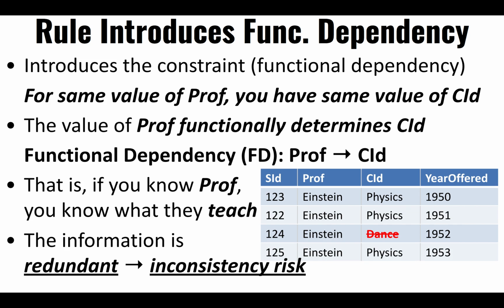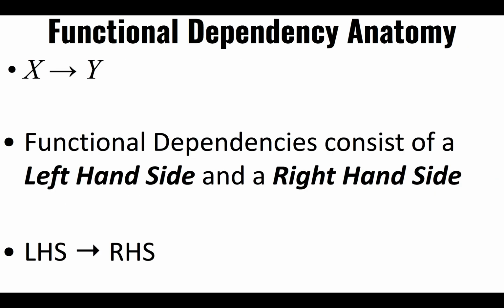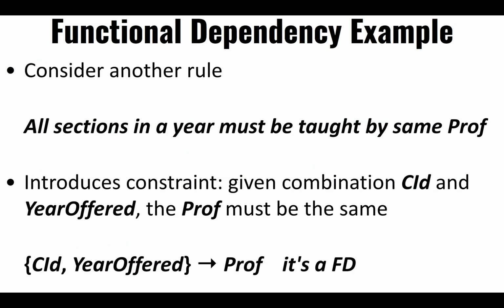So redundancy certainly gives us the risk of inconsistency, that I misspell the course, or maybe I say that they indeed teach dance, and the database wouldn't know, wouldn't complain about it. So we need to remove these inconsistencies. We're looking for these dependencies. We're looking for all these left-hand side attributes that might imply values for our right-hand side attributes.